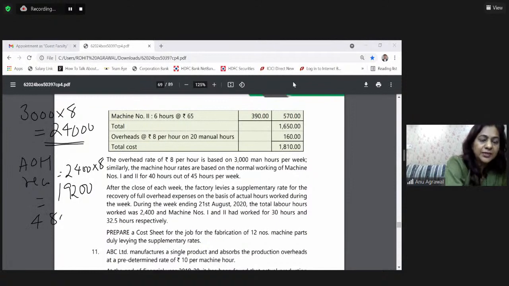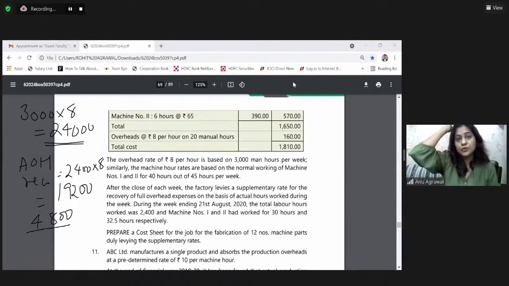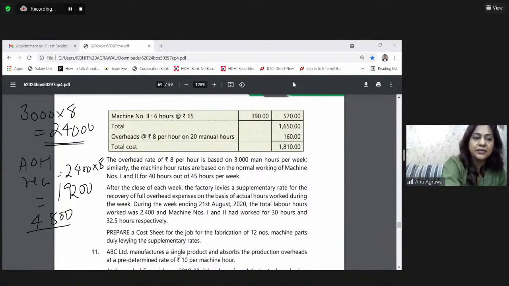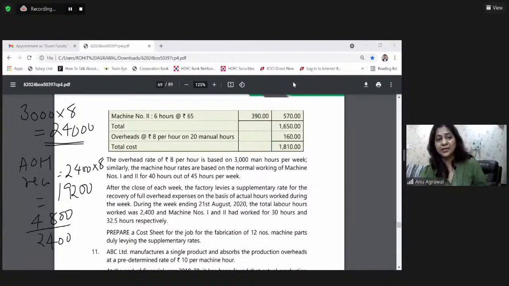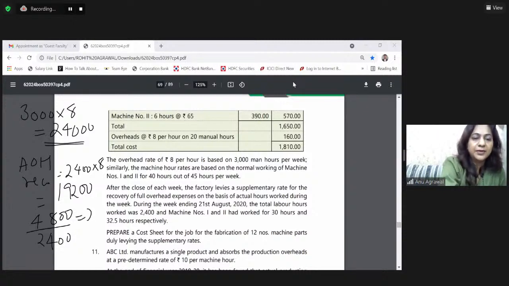So 4,800 is under recovered. They say we'll have to recover this. So what will be the supplementary rate? You divide this by the actual hours. Dividing this by 2,400, you get a supplementary rate of 2 per hour, right?